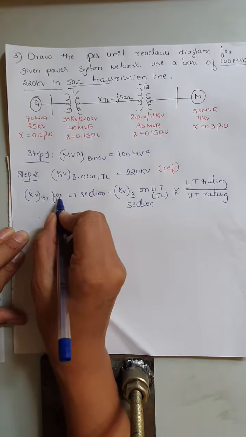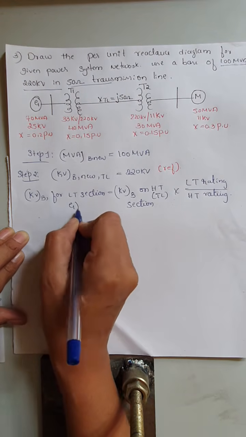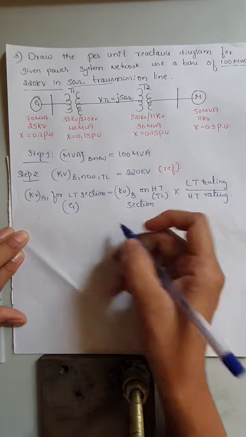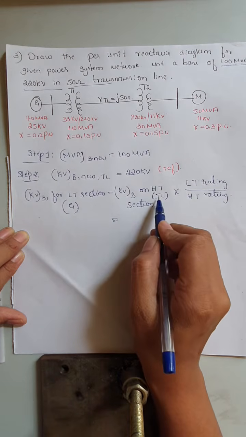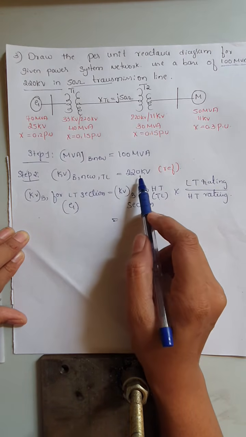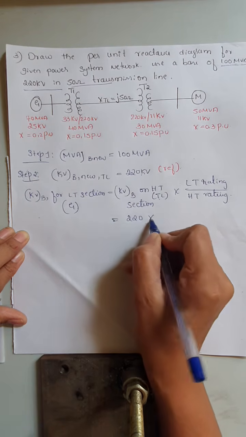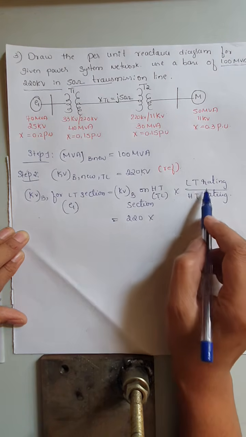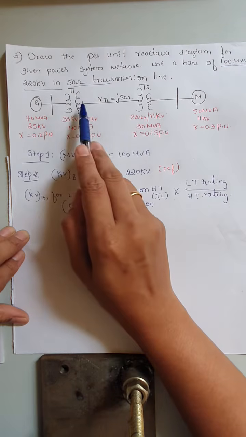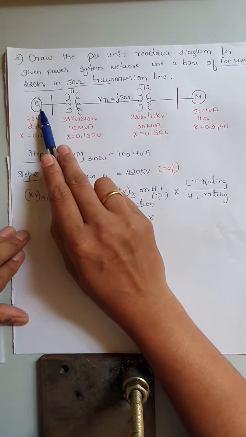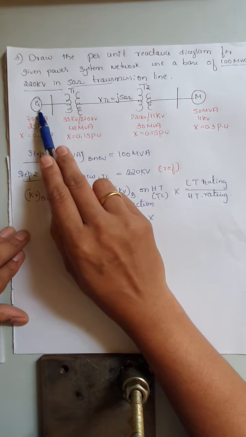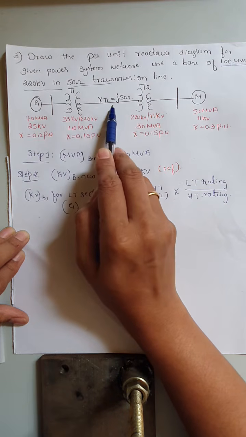Since we are doing the generator calculation here, the kilovolt base on HT is always the transmission line. That base voltage is 220 kilovolt multiplied by the transformer ratings. Now look at the single line diagram. We are calculating the generator value as a base. Here the transmission line value is given as a reference.